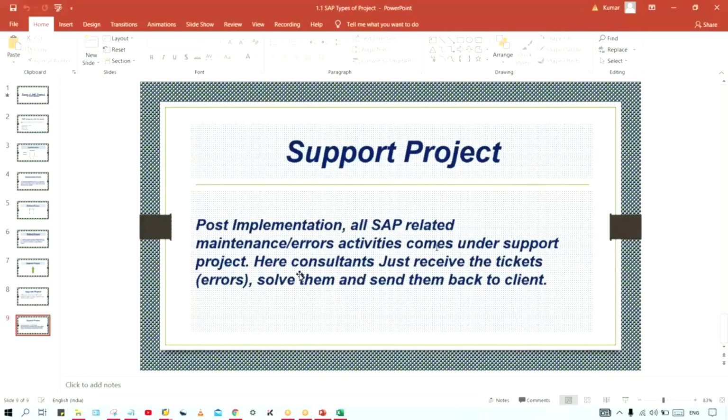Sometime what happened? Sometime big organizations, let's suppose, multiple organizations, multiple user companies are there. User means Tata Motor, we can say user company. Let's suppose Tata Motor later on decided that no, we will not take support from this Accenture or IBM. We are going to build our own team. It means these people are going to hire consultant on their payroll from market, and they'll build their own team.